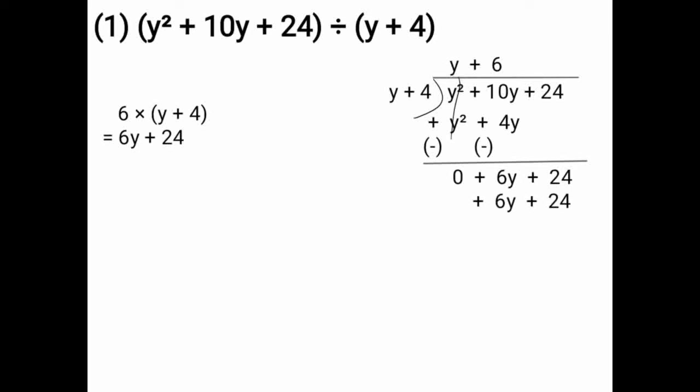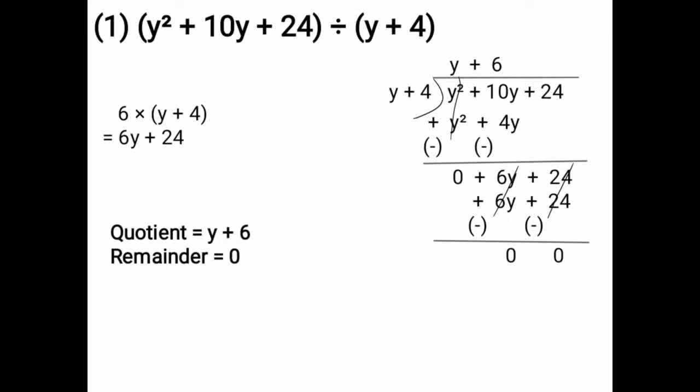Plus becomes minus, and here also plus becomes minus. 6y minus 6y, you get the answer 0, so cancel it. 24 minus 24 also you get the answer 0, so cancel it. The remainder is 0. Quotient and remainder you have to write. Quotient is y plus 6, remainder is 0.